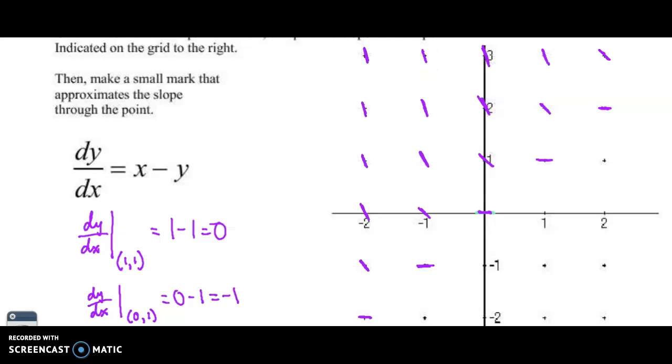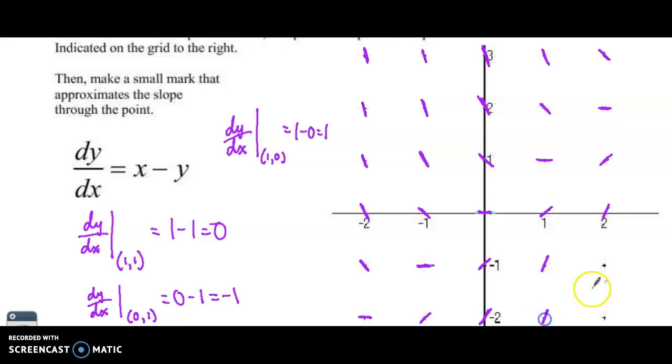Whereas when I get to values like dy/dx at x equals 1 and y equals 0, well, 1 minus 0 gives me +1. So here I'm getting a positive value, a positive value, a positive value. See how they're happening on the diagonal?